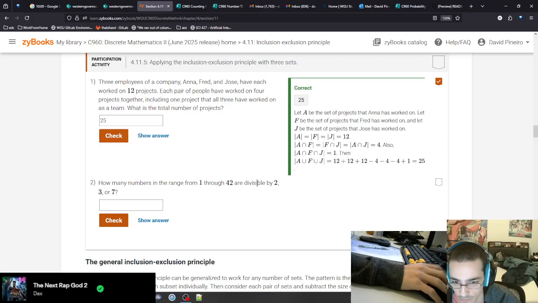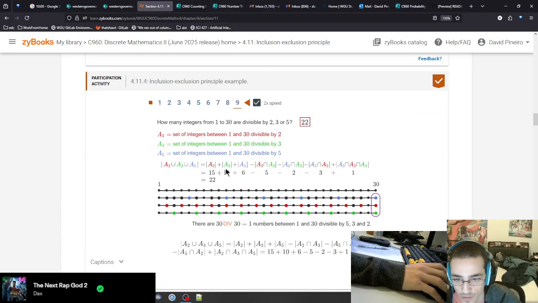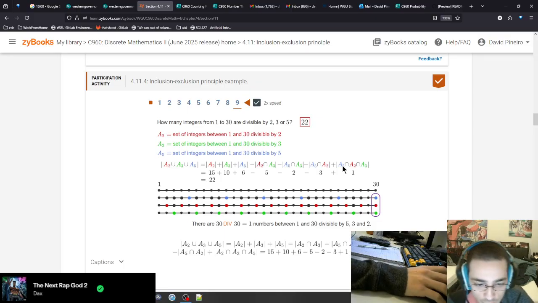I just don't want to count this. Because how did they do it for this? Did they just count all of them? 2, 3, 4, 5, 6, 7, 8, 9, 10. What did they do for the intersection of all of them?